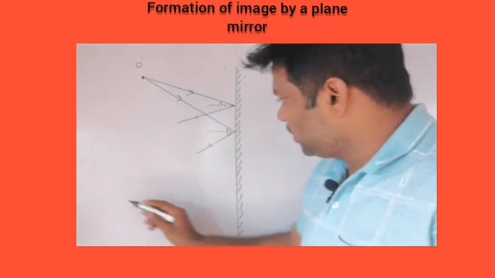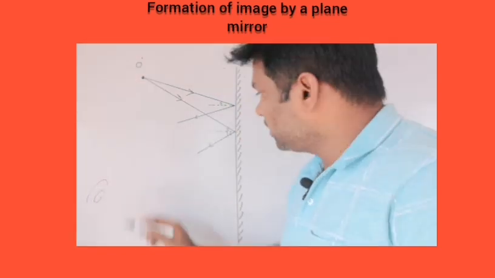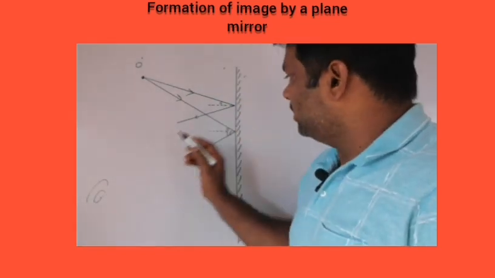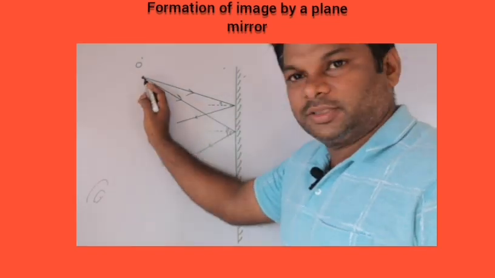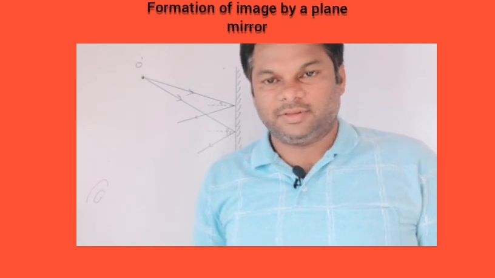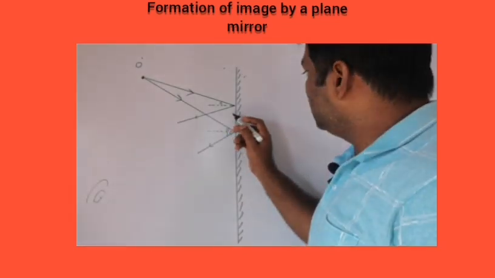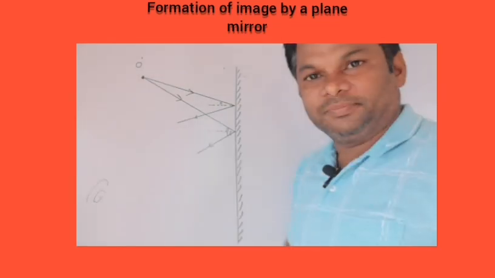Now you are watching from here. Can you get the image of this object? Yes, you will get it. Where are you getting it? It seems to be inside the mirror.